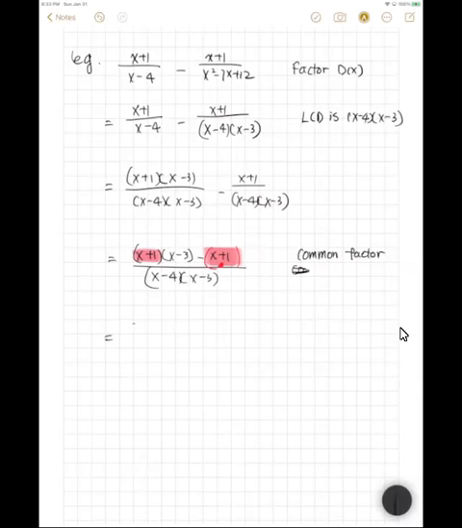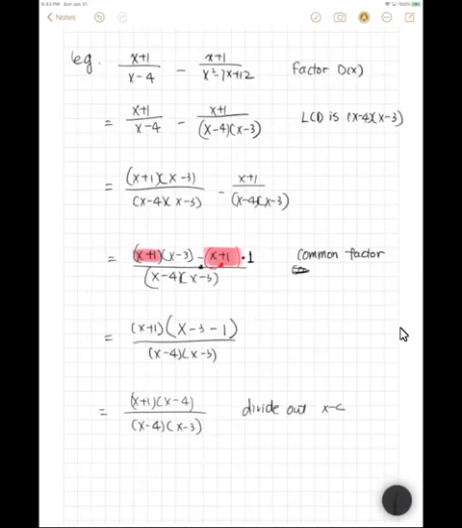You can factor these out. You will have x plus 1 times x minus 3 minus 1, because this is x plus 1 times 1. Since this is subtract, we need to subtract 1 over x minus 4, x minus 3. Aha, we can divide out x minus 4. So what's remaining is x plus 1 over x minus 3.